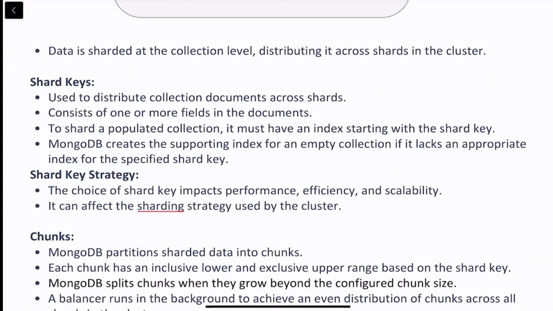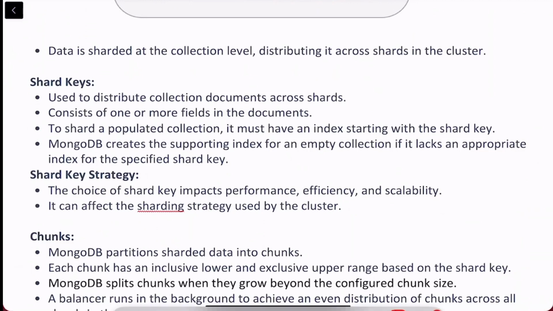These keys, composed of one or more fields in the documents, are instrumental in distributing collection documents across the shards. To shard a populated collection, it must have an index. MongoDB is clever enough that it will create a supporting index in case there is no appropriate index for the specified shard key.